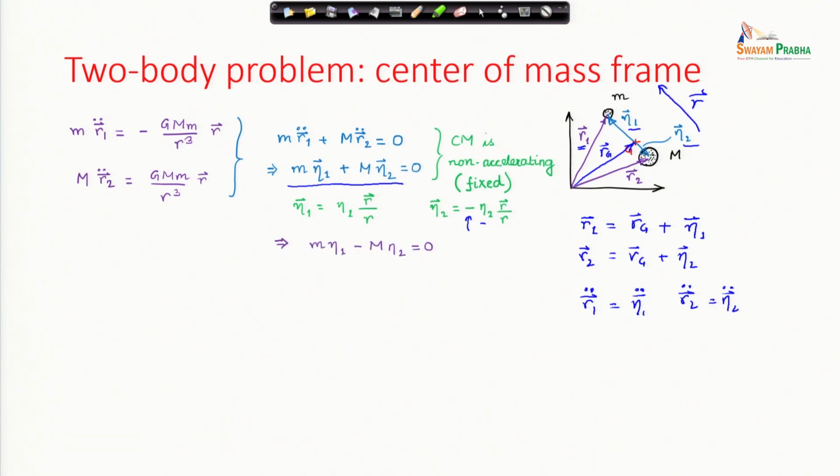By substituting these expressions in here, I will obtain small m times magnitude of eta 1 minus capital M times magnitude of eta 2 is 0.